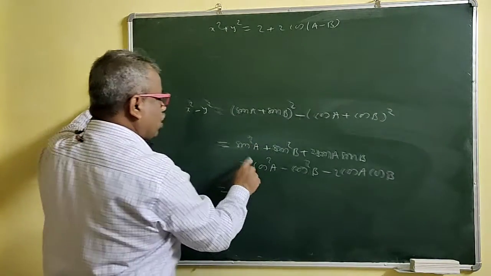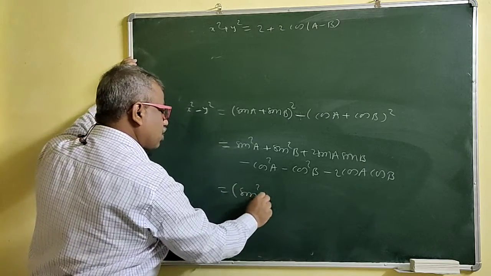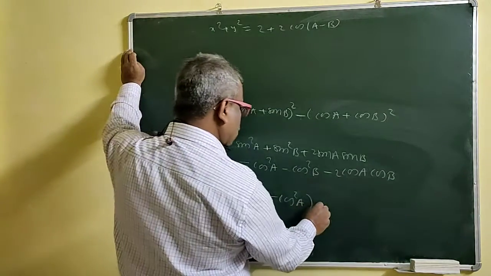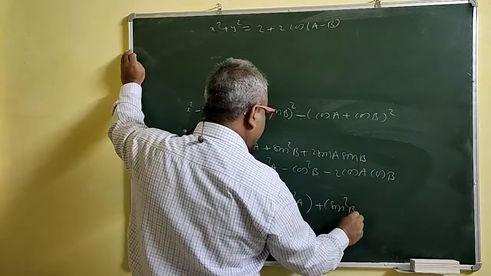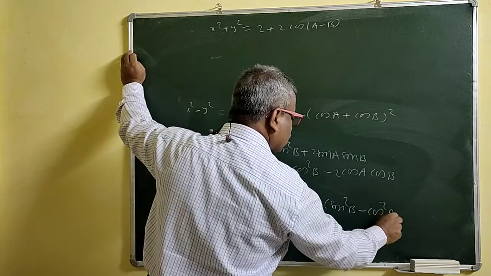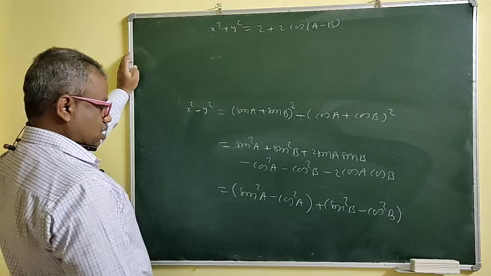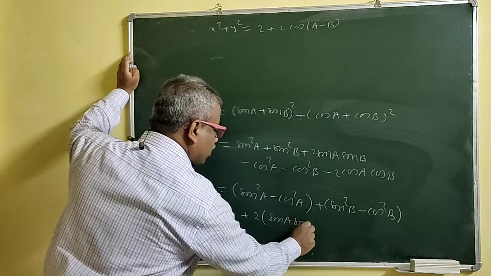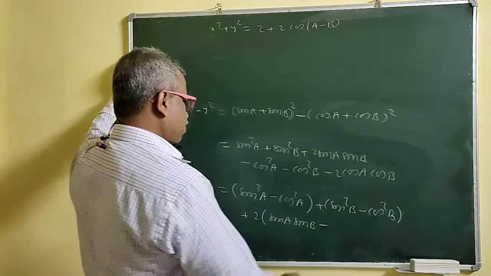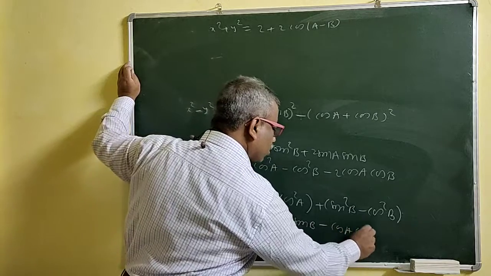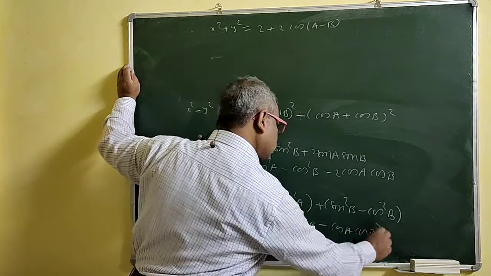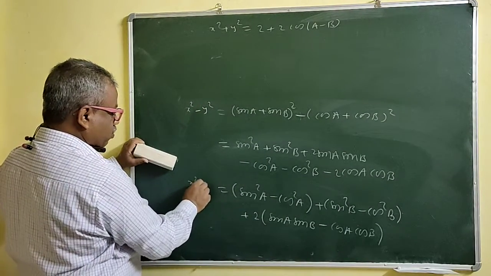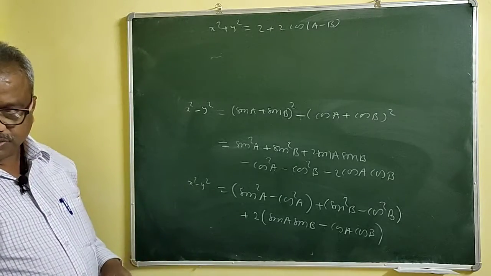So we'll take the A as it is now here, sin square A minus cos square A plus sin square B minus cos square B. So then plus, I will take common, sin A sin B minus cos A cos B. So this is x square minus y square. Okay, x square minus y square.